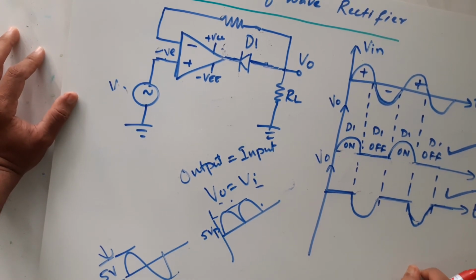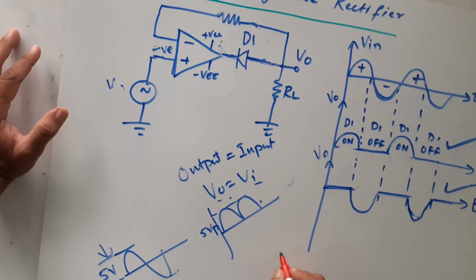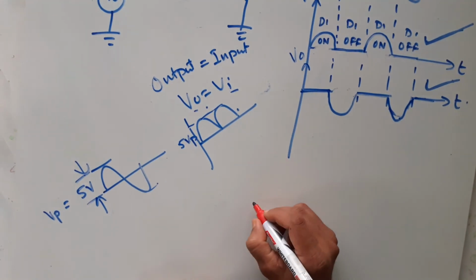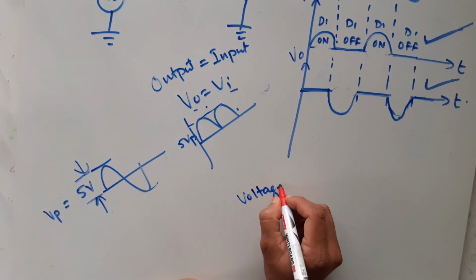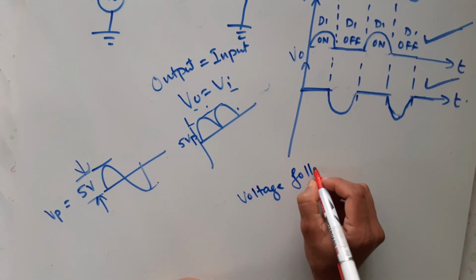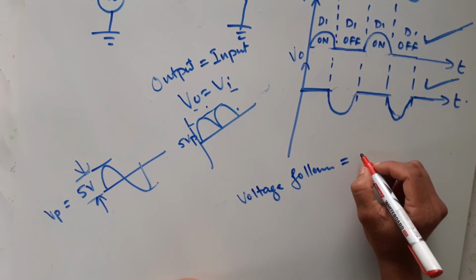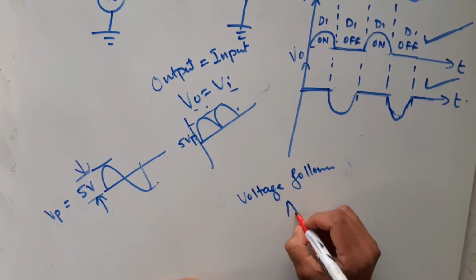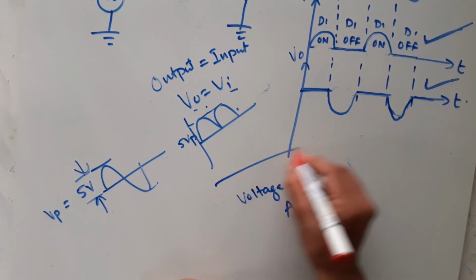When it is working as a voltage follower, the gain is equal to 1, always unity, alright.